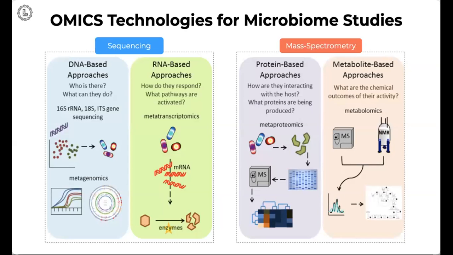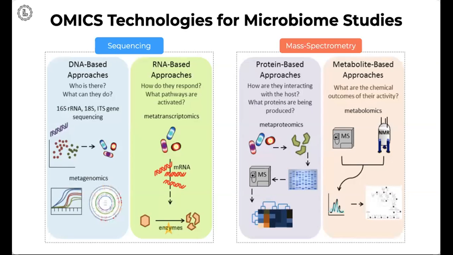This approach can also be useful in, for example, functional characterization of these new members based on where they are placed in the phylogenetic tree. Moreover, there are more approaches like the meta-transcriptomics approach, which studies not only the members of this community, but also their functional activity, as I just said, right?